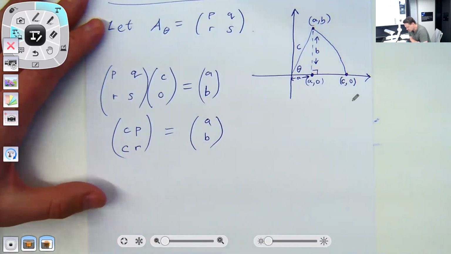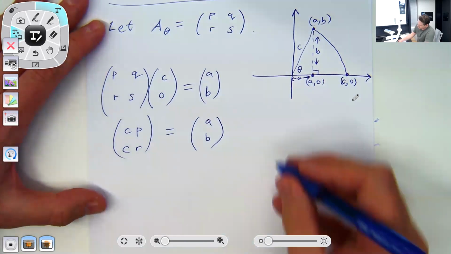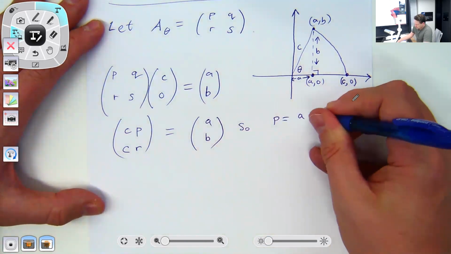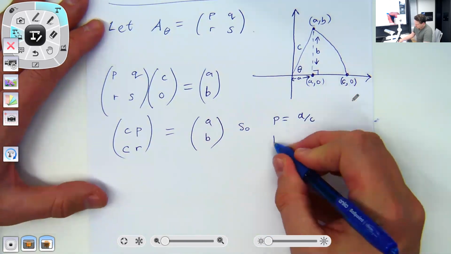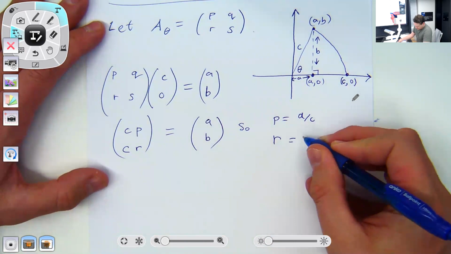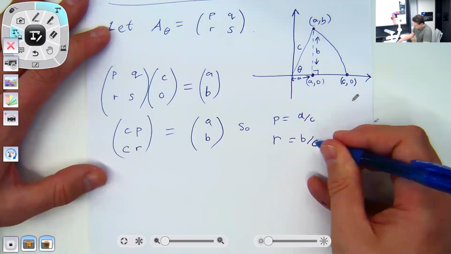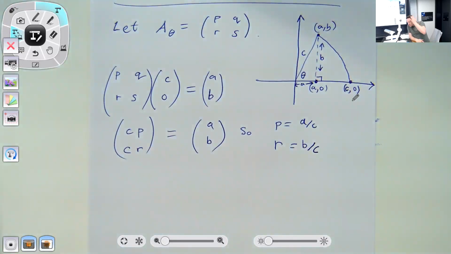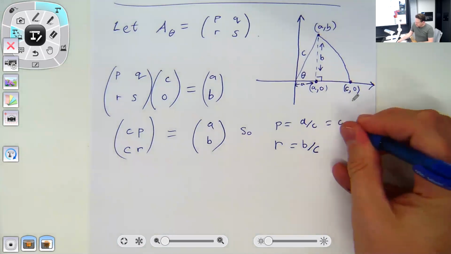Okay, so that's the calculation done, and this is equal to AB. This is easy, isn't it? Because I can see clearly that P is equal to A divided by C, and R is equal to B divided by C. These are trig ratios. If you look at this diagram, A over C is adjacent over hypotenuse, so that's the cosine of theta.